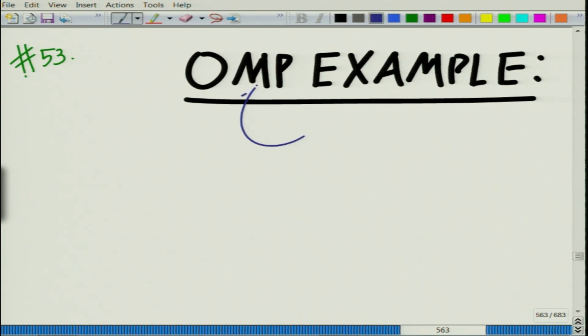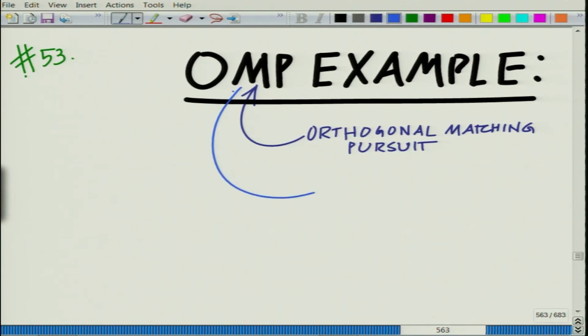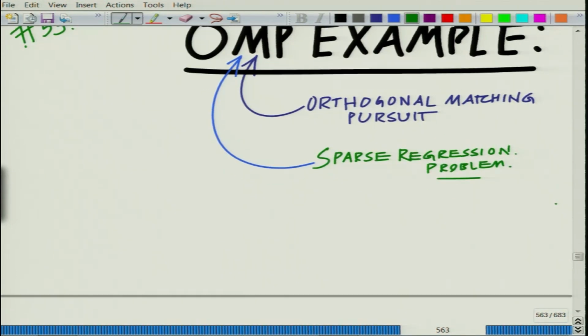Remember, OMP stands for orthogonal matching pursuit, and this is an algorithm to solve the sparse regression problem.